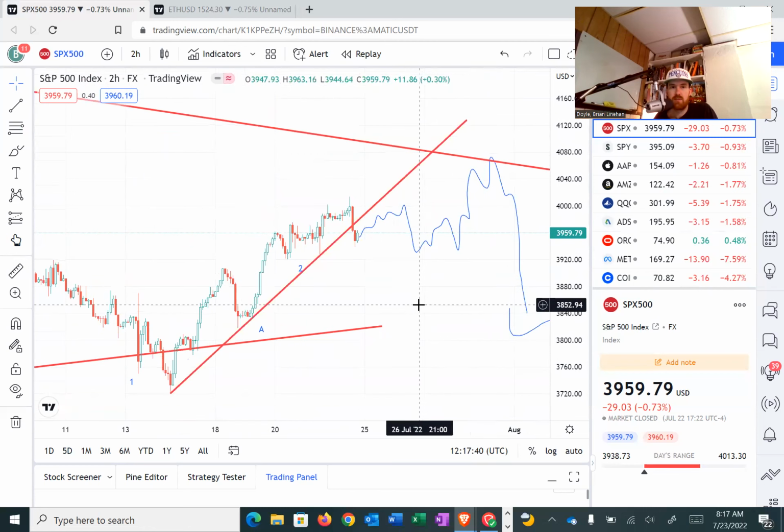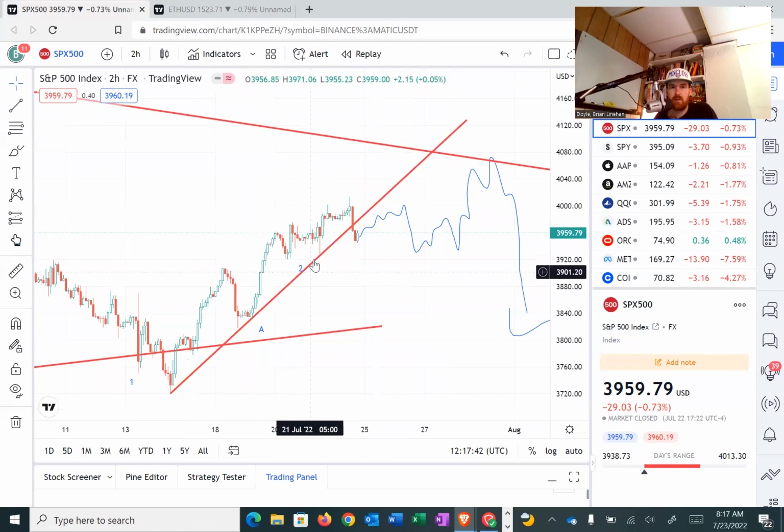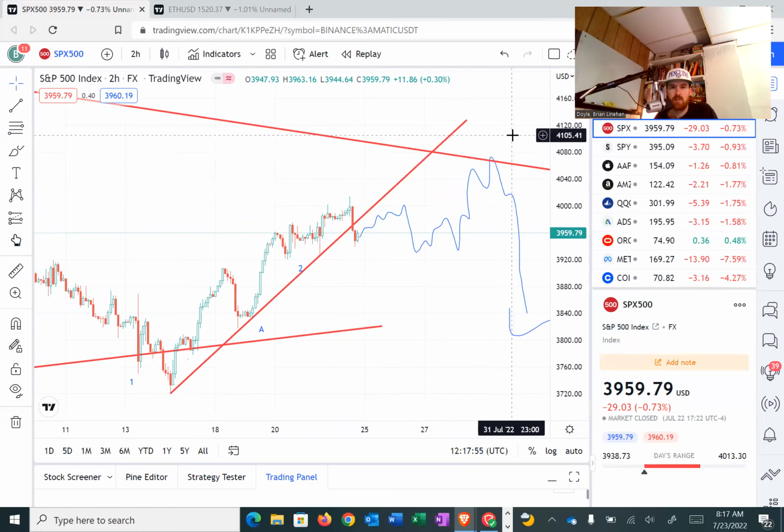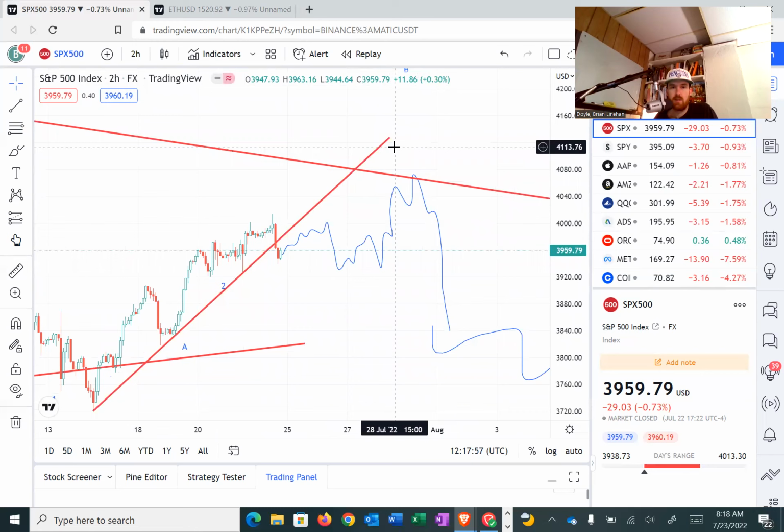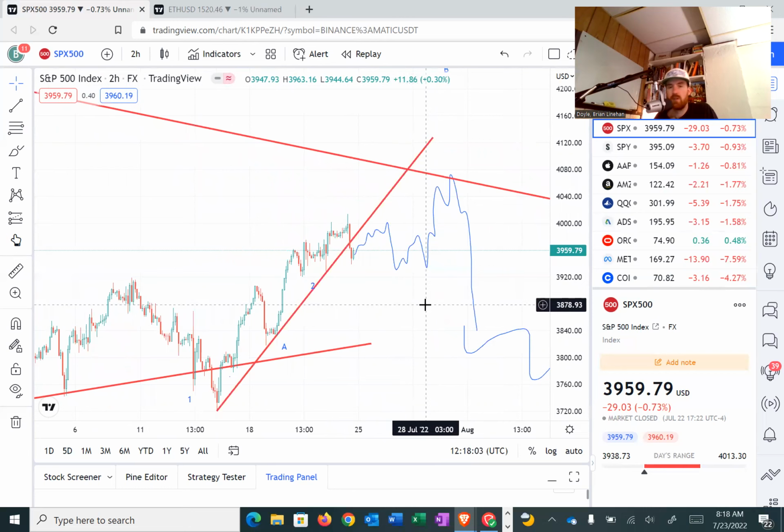And so potentially we had our A, we had our 2, we grinded, we made a higher high, we fell through, and now we could get something like this, and we could touch this trend line and make that a B. And this would sort of match that same ETH pattern that has already played out.